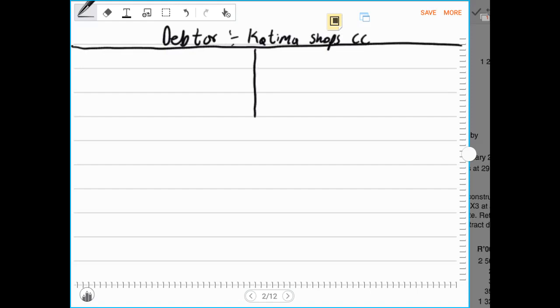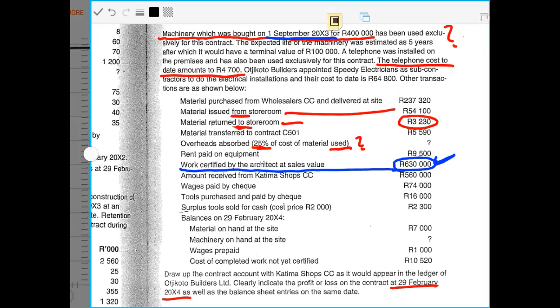Then on the debit side, we know that this debtor owes us the value of the work that was certified, because some work was certified and the value of the work that was certified was the money that the client owed us. So now the client owed us this amount because the 630,000 was the value of the work that was certified, meaning it was complete, it was up to standard, everything was perfect according to the architect who did the evaluation.